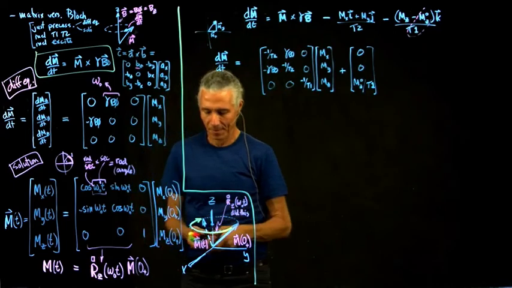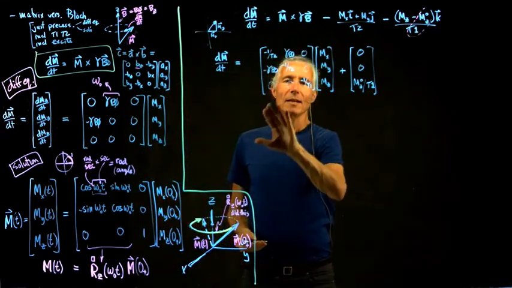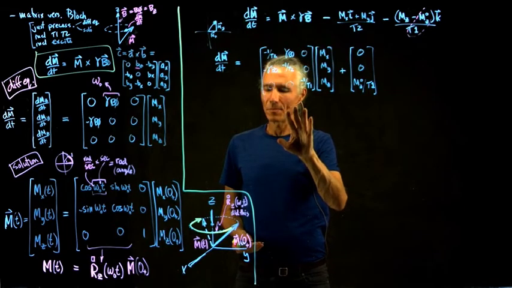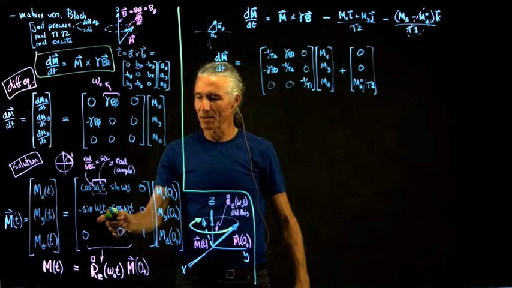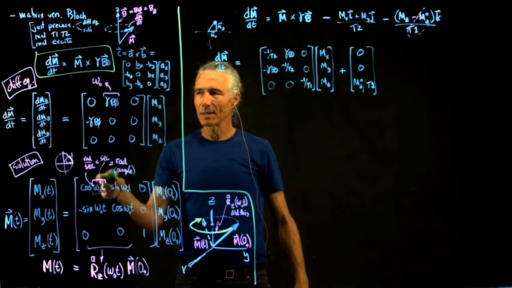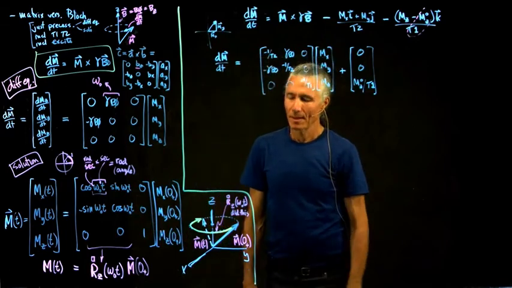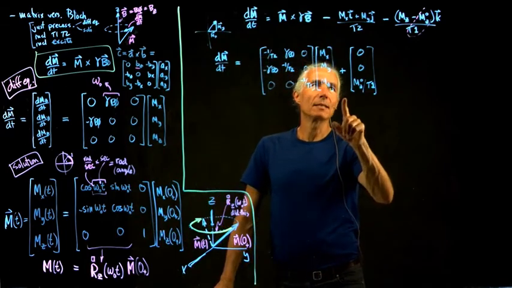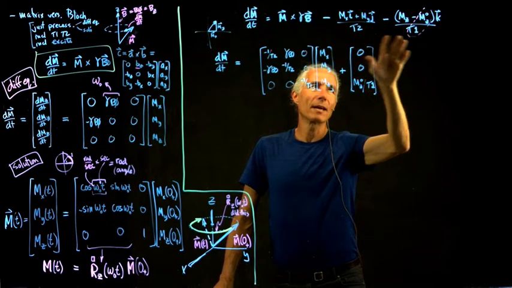Then we have to solve this. When we solve it, we're going to get a mixture of this matrix, which does the precession, plus the solutions that we wrote down separately for the T2 decay and the T1 decay.